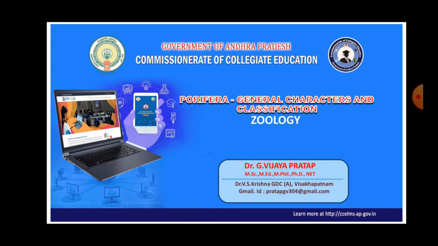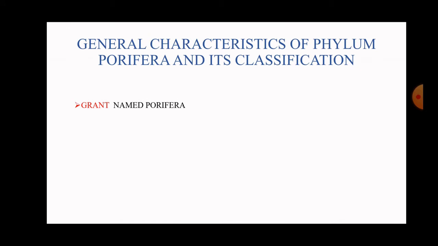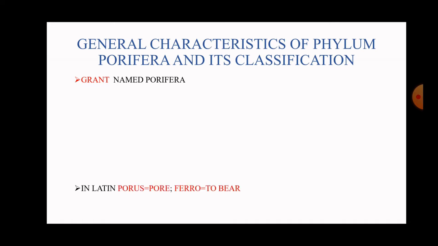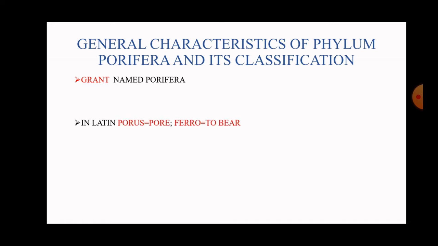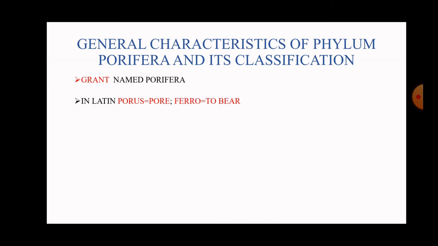Today I'm going to teach about the general characters and classification of phylum Porifera. Initially, the name Porifera was given by one of the biologists, Grant. Porifera is a Latin word which consists of two words, porus and ferro.